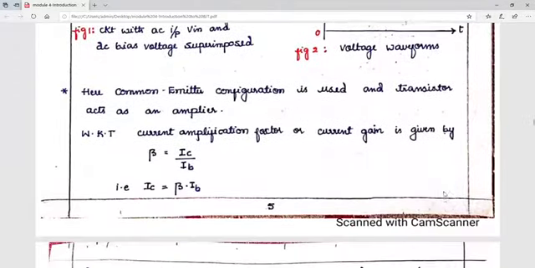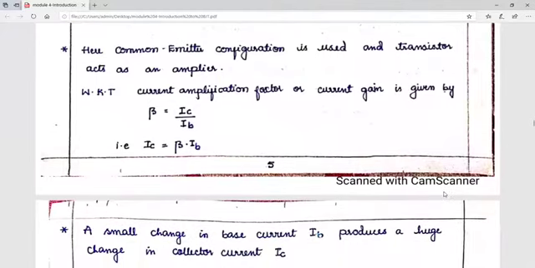Now we know that the common emitter configuration is used and the transistor will operate as an amplifier, right? And we also know that the current amplification factor or the current gain for the common emitter configuration is given by beta, which is equal to IC by IB. If I rearrange the equation, we can see IC is equal to beta into IB, right?